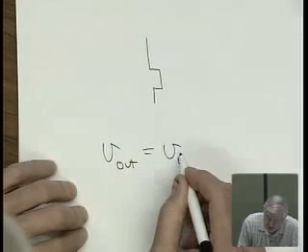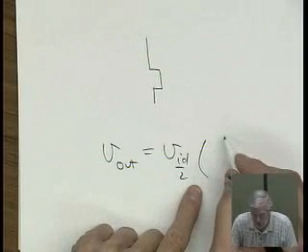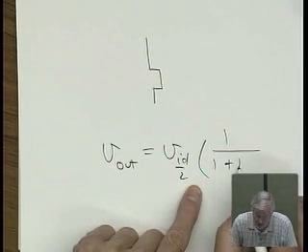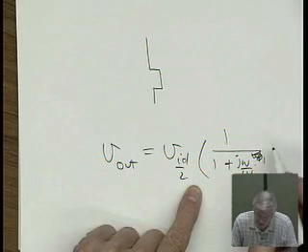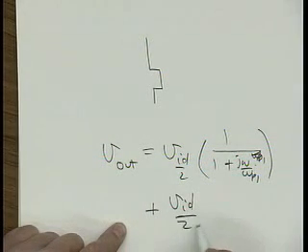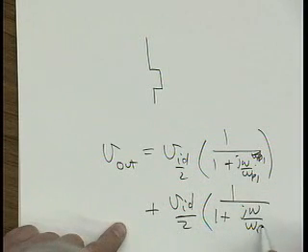It's V in differential over 2 times a transfer function, 1 over 1 plus j omega over omega p1, plus V in differential over 2 times 1 over 1 plus j omega over omega p2.